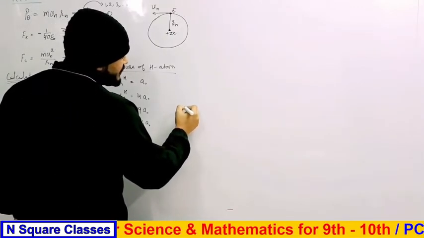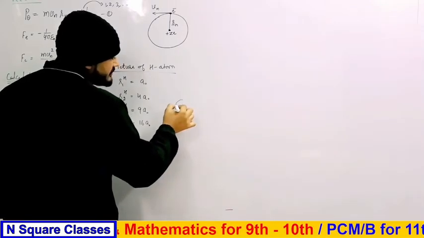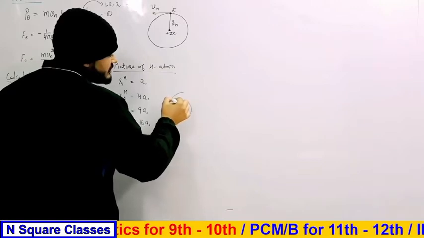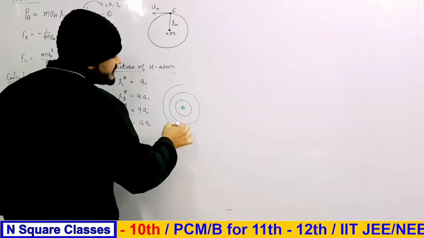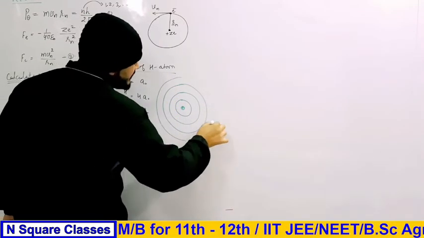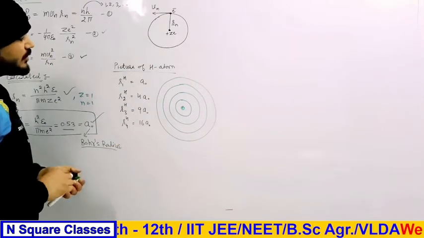We have this nucleus. Now if this is our first orbit, this is our second orbit, this is our third orbit, and this is our fourth orbit, and so on. We can calculate many more.